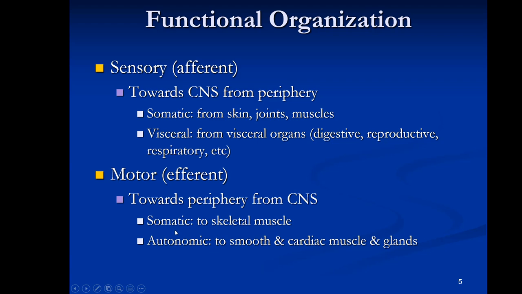So if the motor nervous signal is going to skeletal muscle, we classify it as somatic, and that's what you've seen before. If it goes anywhere else, we call it autonomic. That any place else could be smooth muscle, cardiac muscle, or glands.